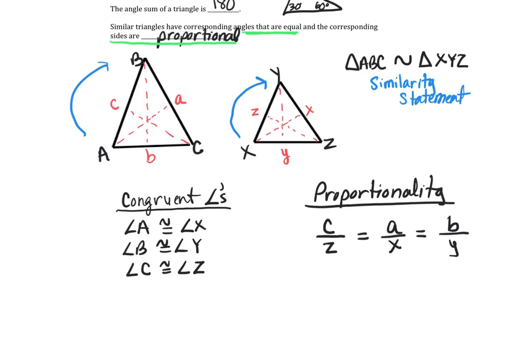Now, the proportions can be set up in a lot of different ways, but you are comparing the sides that correspond to each other. So this side C corresponds to side Z. And you can see on the top of my proportionality statement, these are all left side triangle, so those are the measures on the top.